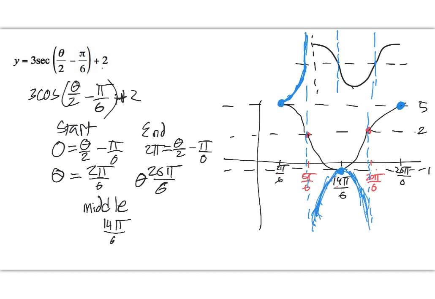So in my very, very neat drawing, we get like a series of upside down U's between these asymptotes. So my final graph would be the blue part. Basically, we graphed cosine of that function and then just turned that into cosecant by adding asymptotes and flipping those values.